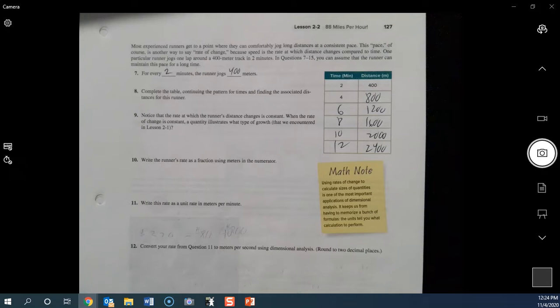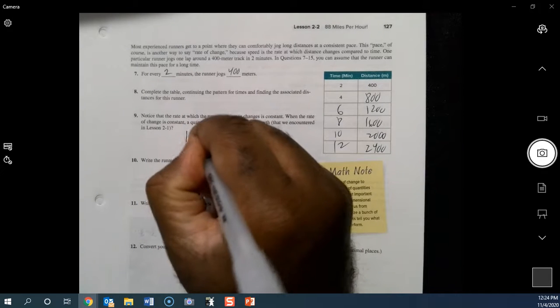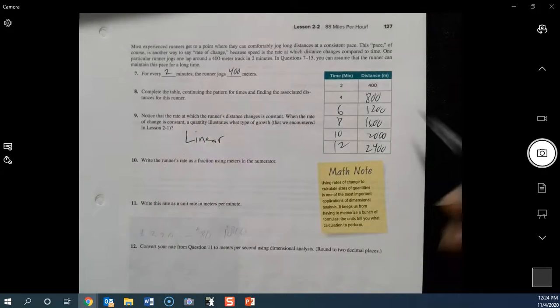Okay, number 9. It says, notice that the rate at which the runner's distance changes is constant. When the rate of change is constant, a quantity illustrates what type of growth that we encountered in lesson 2.1. It would be linear because we're adding the same amount.